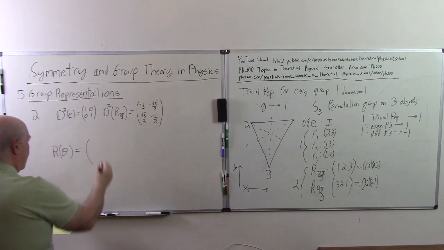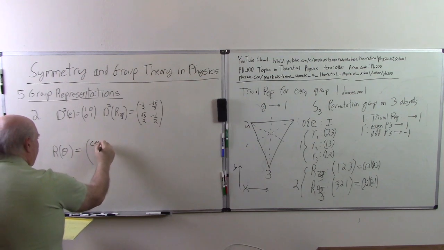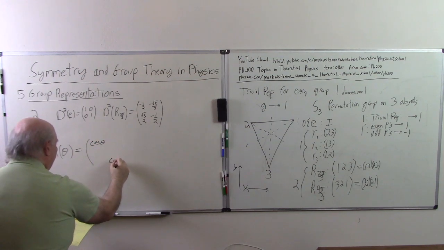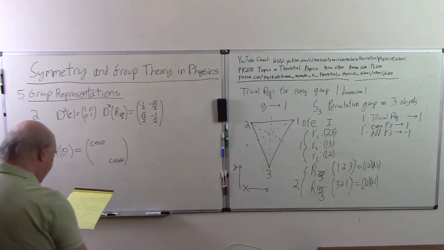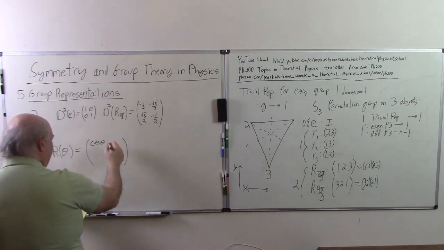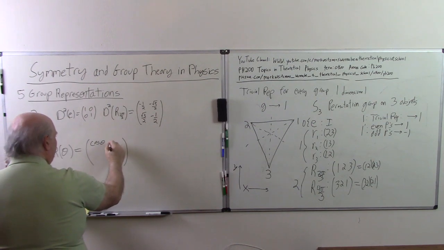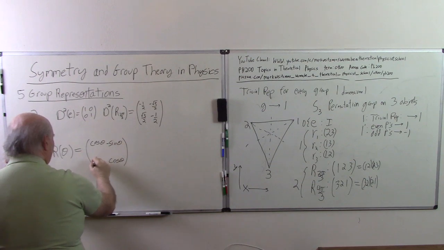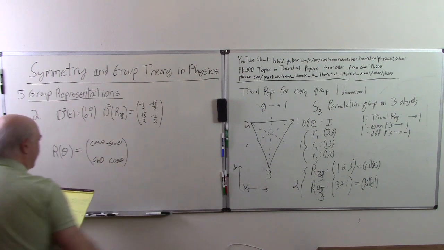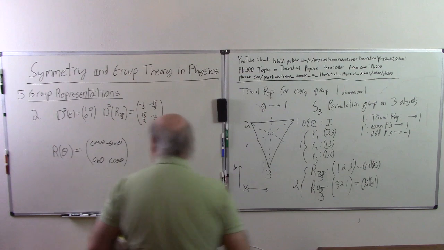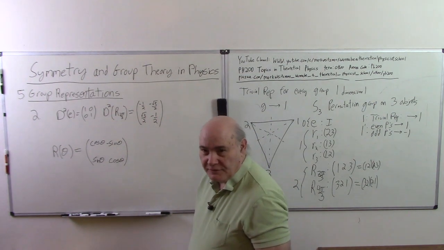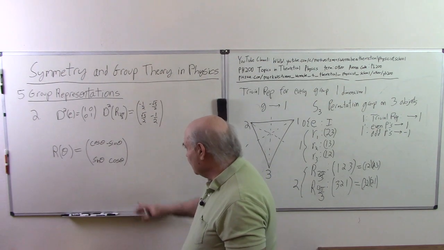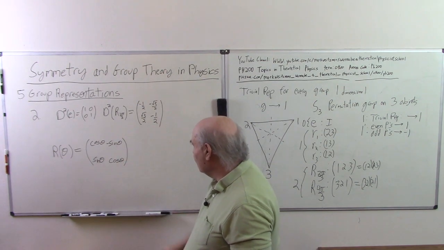The easy way to do rotation is cosine theta, and then the only other question is which one gets the minus sign here. I think I'm going to do this as minus sine theta and sine theta. I don't want to fight about which one gets the minus sign. There's active and passive rotations, and they're reversed in either one, but this will be a representation.